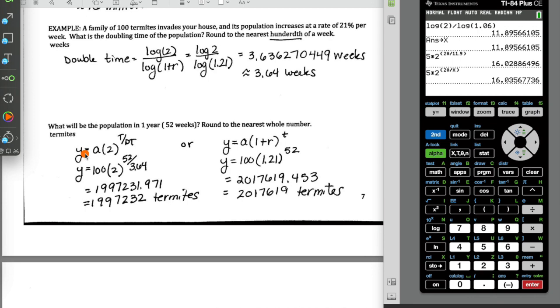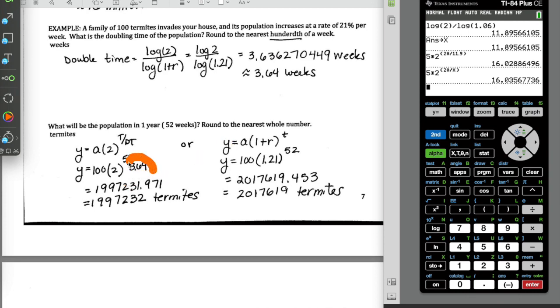We have y equals a, which in this case, we're starting with 100. So I put 100 in here. So we have 100 times 2 to the power of 52 weeks, because that's equivalent to 1 year. We need to make sure that our units stay the same. And we're going to divide by our doubling time, which we found up here in part A, which is 3.64.